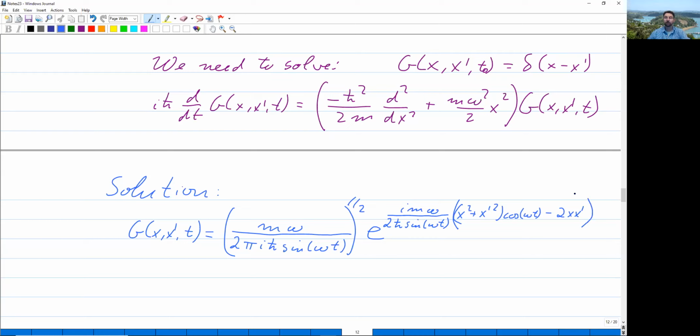All of that is in the exponent there. There we have it. This is the Green's function. This is the time evolution operator of the harmonic oscillator in the position basis.